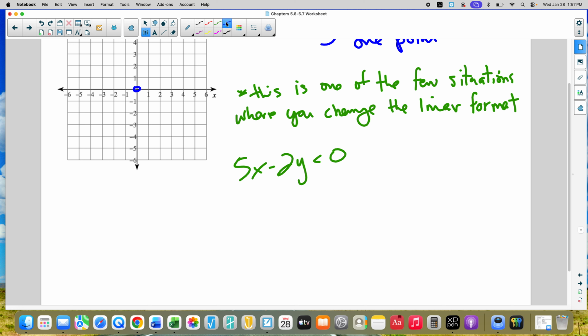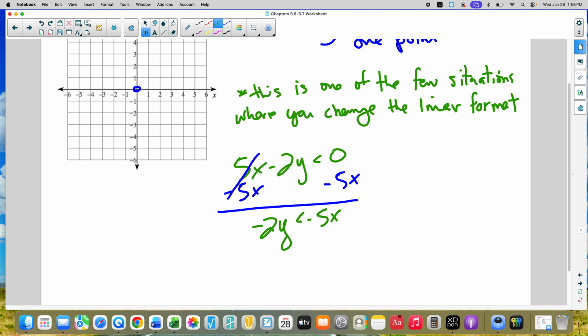So the first thing I'm going to do is move my x value and its coefficient. What gets rid of a positive 5x is a negative 5x. These cancel, and you're left with negative 2y is less than negative 5x. I don't have to put plus 0. I know that negative 5x plus 0 is negative 5x. Now I have to isolate my y.